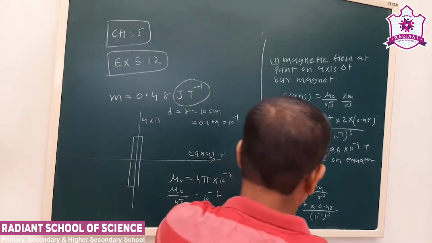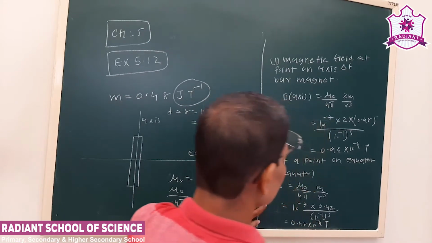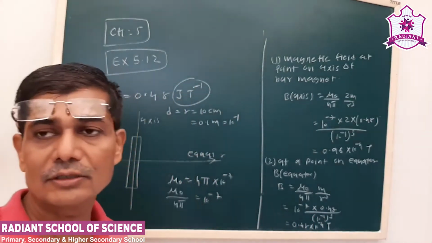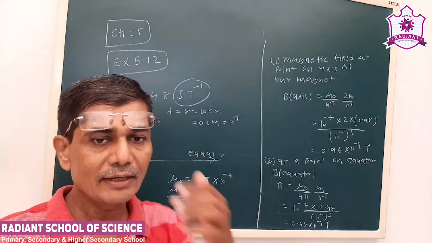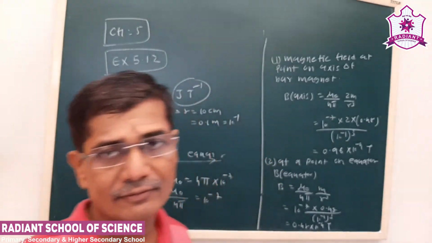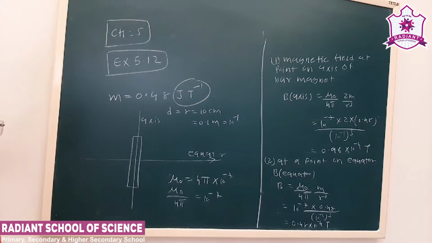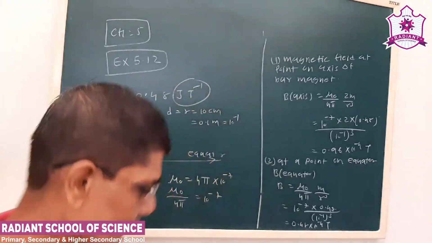Okay, so we will get 0.48, or it is 0.48 Gauss. So this is very simple. M is given and r is given. By using the equation for axis and equator, we can obtain the value of the magnetic field at a point on the axis of the bar magnet and on equator of the bar magnet.